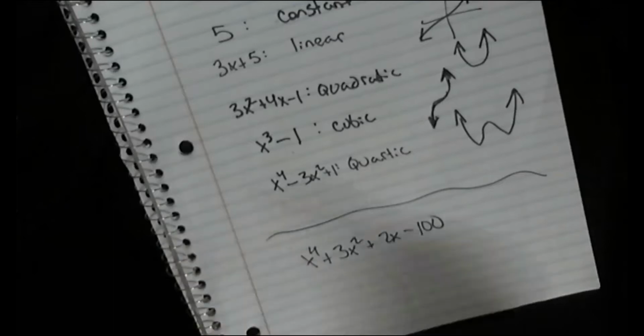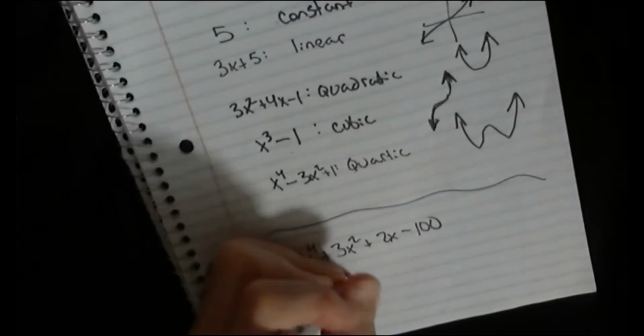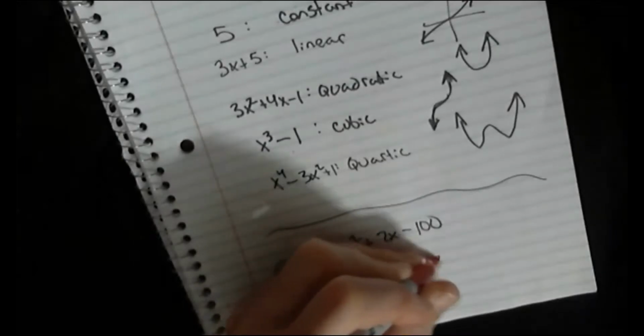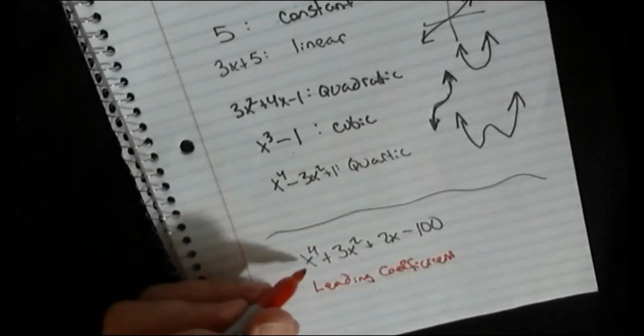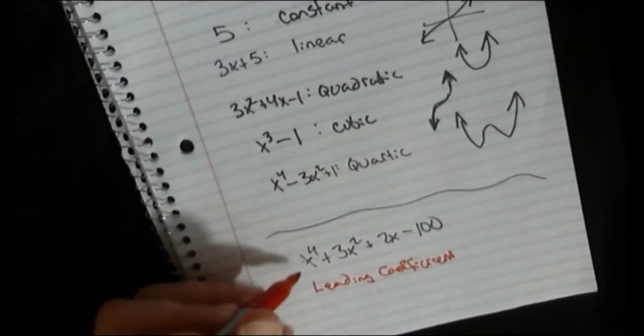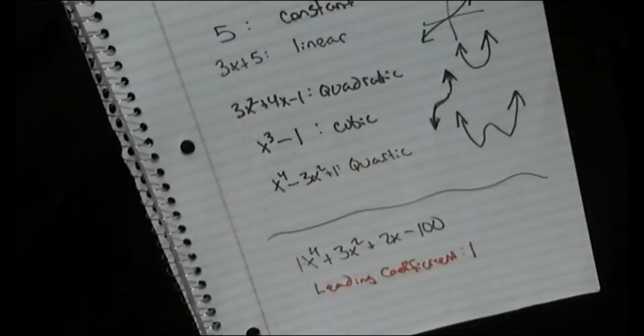In those particular cases, for this particular function, the leading coefficient is again the number in front of the term with the biggest degree. And if you don't see a number, that would be a 1. So this one would have a leading coefficient of 1.